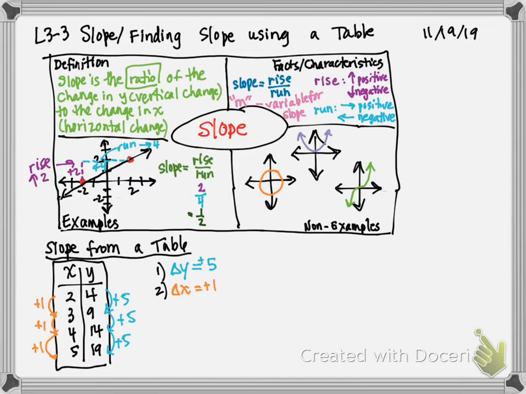And then third, I'm going to remember that slope is equal to the change in y over the change in x, which is going to equal my positive 5 over my positive 1, which equals good old 5. So then we would say the slope is equal to 5.